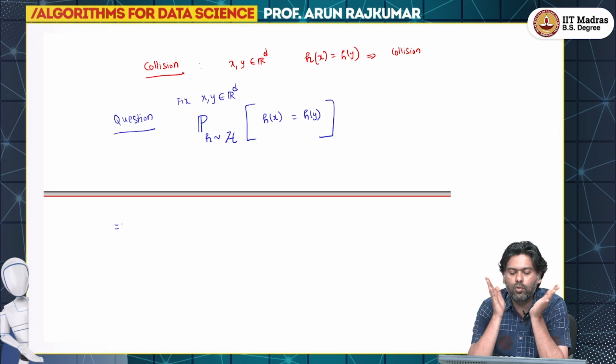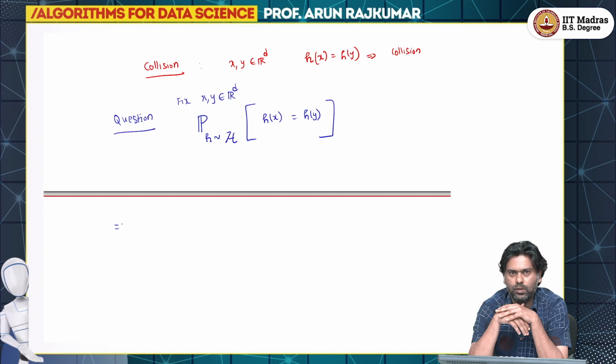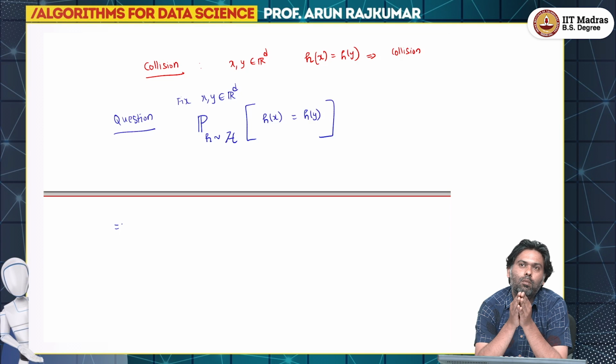Of course, the r, c, p1, p2 have to be specifically figured out, which is okay, but at least the property that I am looking for is that the collision probability monotonically increases with decrease in distance.